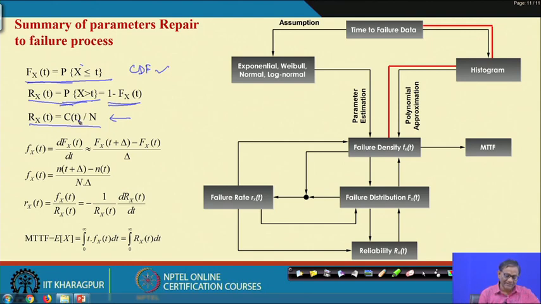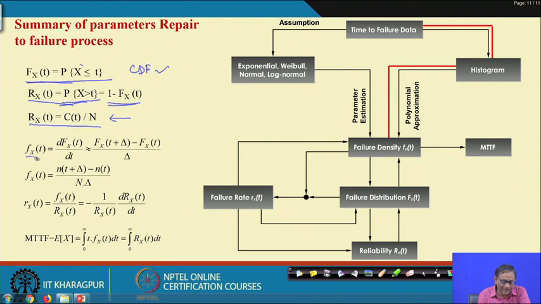C(t) is the number of units surviving at t equal to 0, t equal to 1, t equal to 2, something like this, and n is the number of units under test at t equal to 0. As a result, at t equal to 0, R_X(t) will be 1, and slowly it will decrease, and at the end of the life cycle it will basically be 0, but theoretically it is 0.